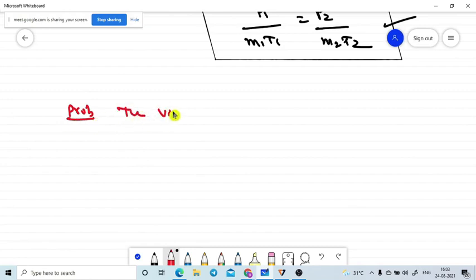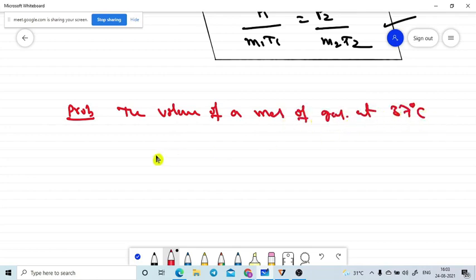The volume of a mass of gas at 37 degrees centigrade and a pressure of 75 centimeter of Hg.